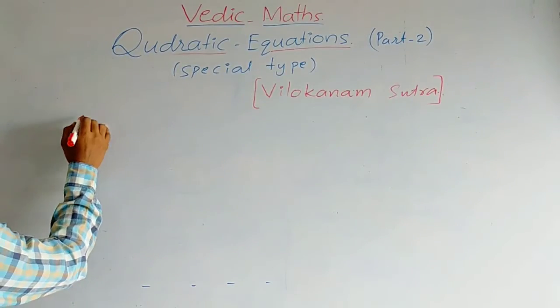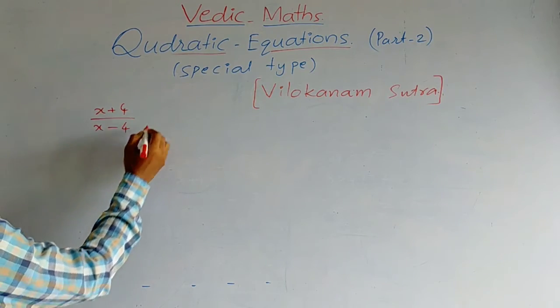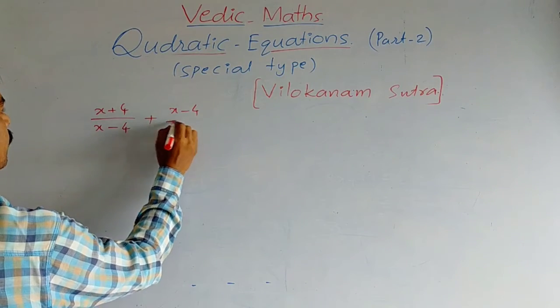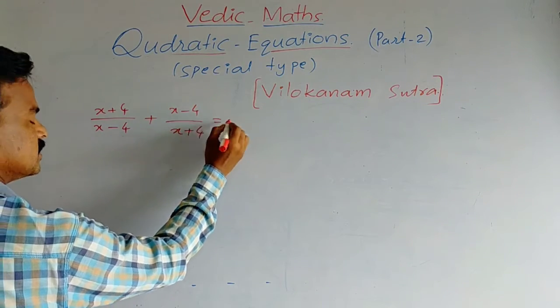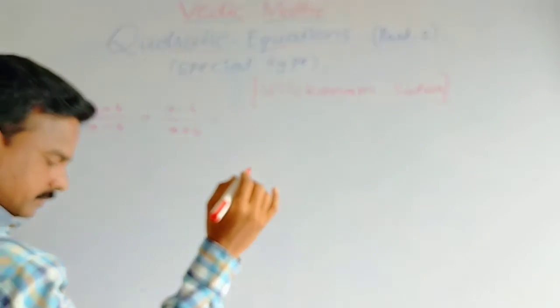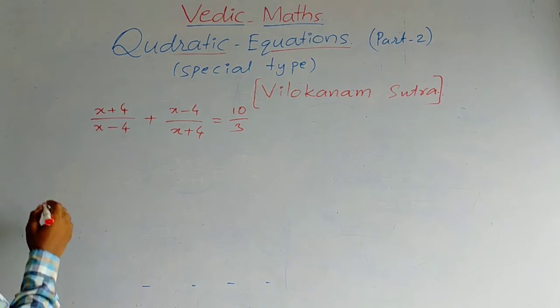x plus 4 by x minus 4 plus x minus 4 by x plus 4 is equal to 10 by 3. Okay.